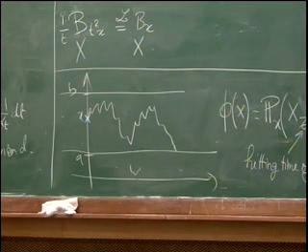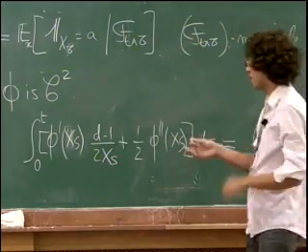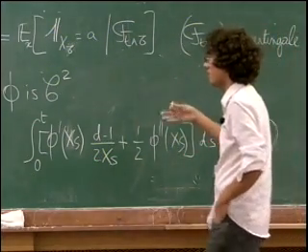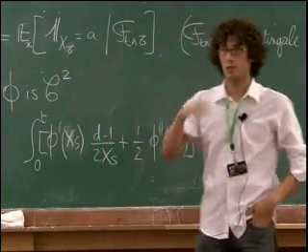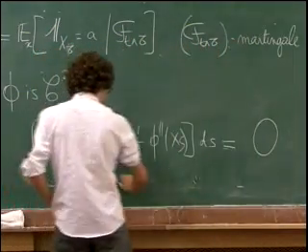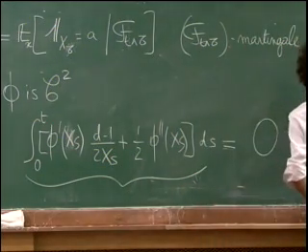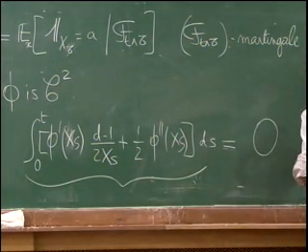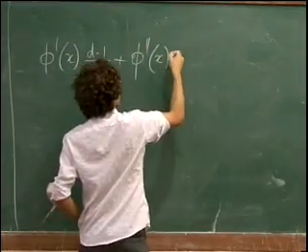So I get that this thing equals 0. This diffusion is a very continuous diffusion, and it can do whatever you want. So in order for that to be equal to 0, it must be that phi prime of x times (d minus 1)/(2x) plus 1/2 phi double prime of x equals 0.